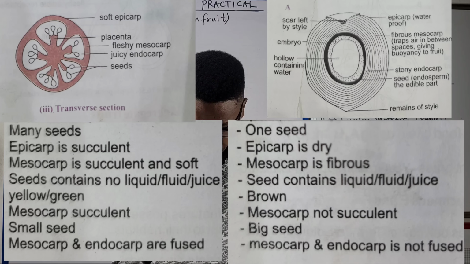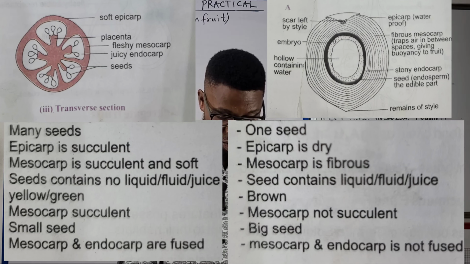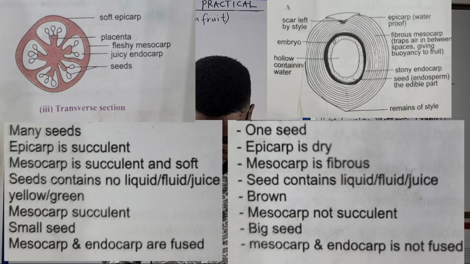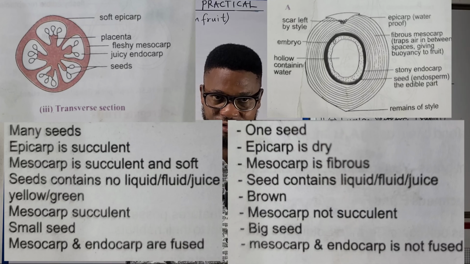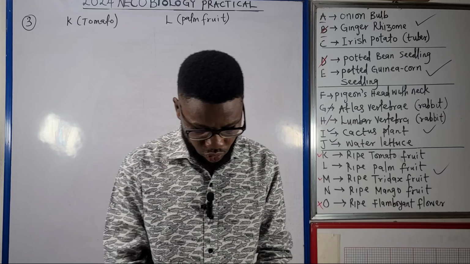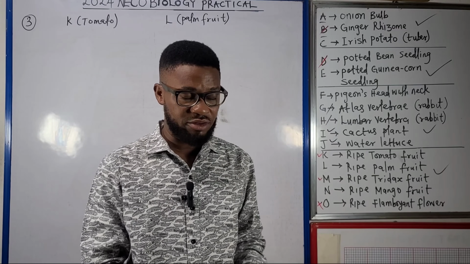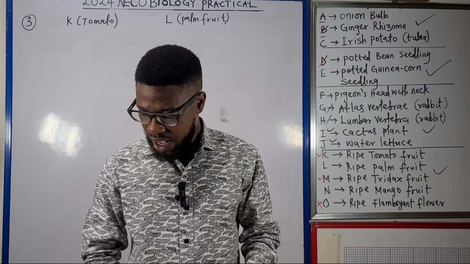The mesocarp and the endocarp are not fused. That's why we can just separate them from one another. You remove the fibrous mesocarp, you're going to see the endocarp. They are not fused together. In fact, they are totally different. But in the case of tomato, you cannot separate the endocarp and the mesocarp. They are fused. That's just about the difference between specimen K and specimen L.